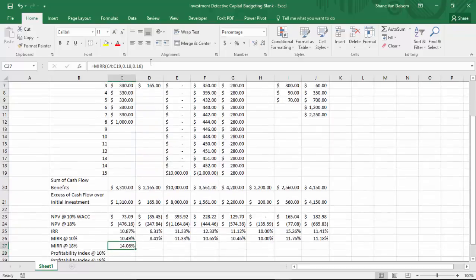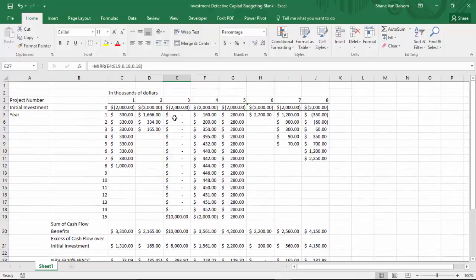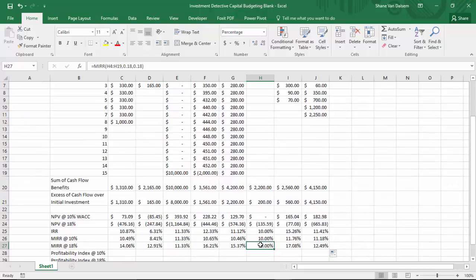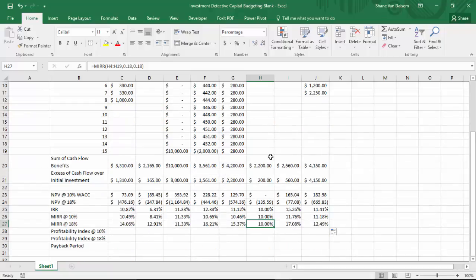Close parentheses. You'll see that our MIRRs in this case will be a little bit higher because we're assuming a higher reinvestment rate. And that's what we get. Now, again, our MIRR is the same because of the situation with our cash flows. Our MIRRs are the same here because we only have one cash flow and it's 1 year out.